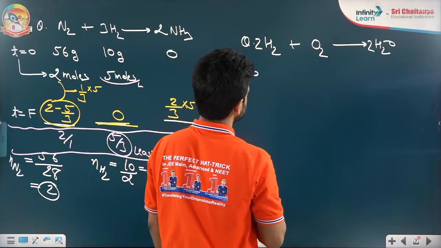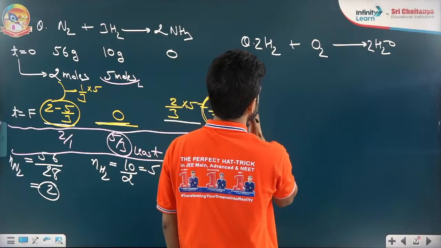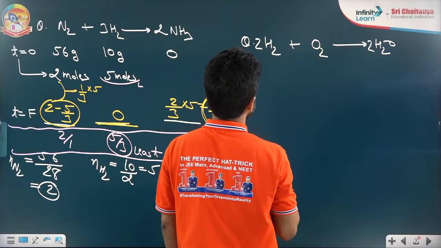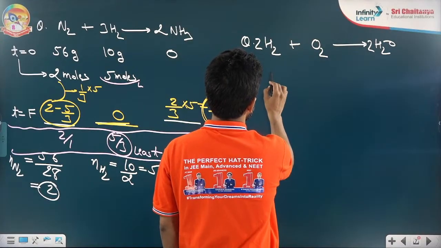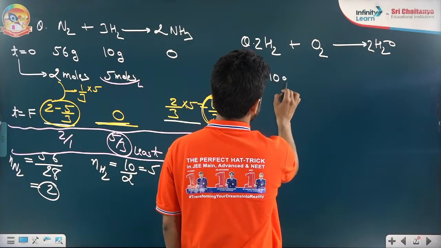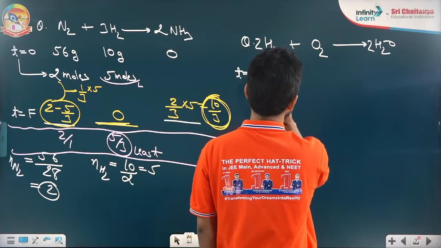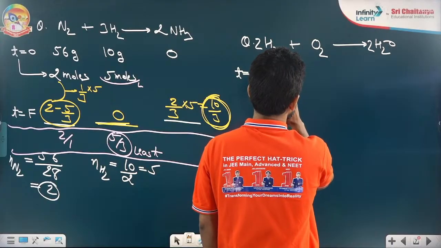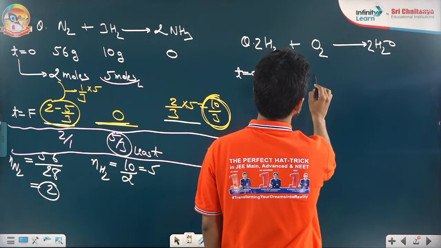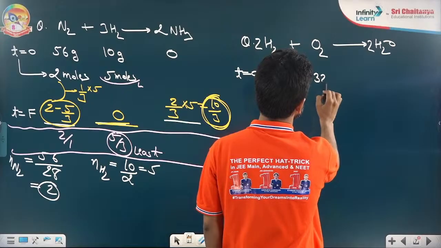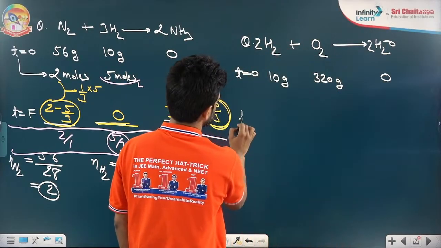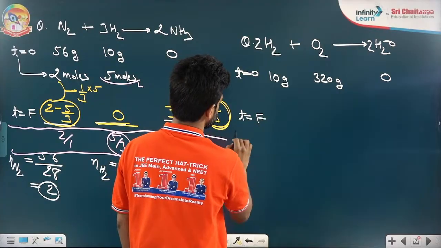At time 0, imagine they are giving me 10 gram of H2 and here we have 320 gram of O2. At the end it is 0.